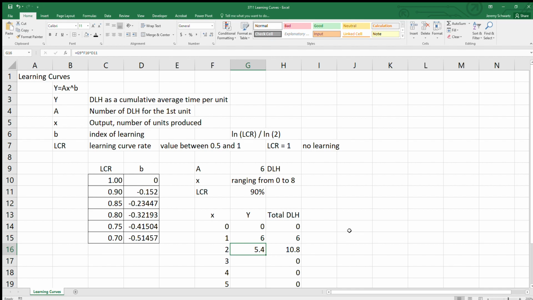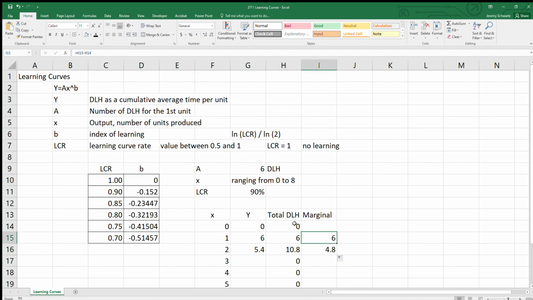So really, we've gone from the first unit took 6 hours, and the next unit actually took 10.8 minus 6. The second unit actually took 4.8, but on average it brought it down to 5.4. So I call this difference here the marginal of 4.8.